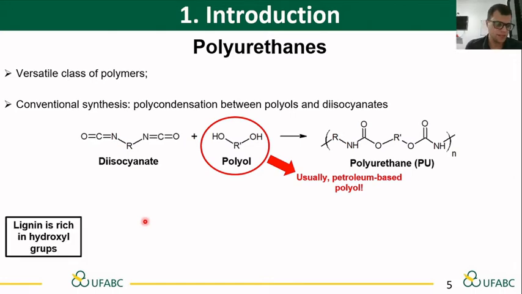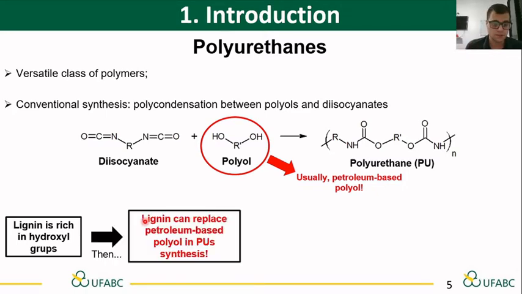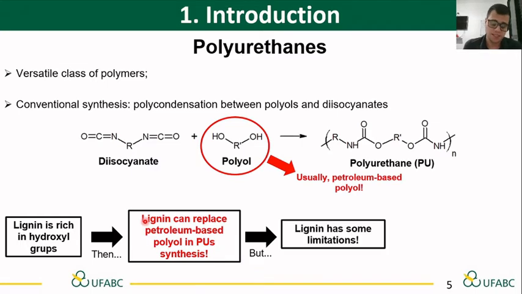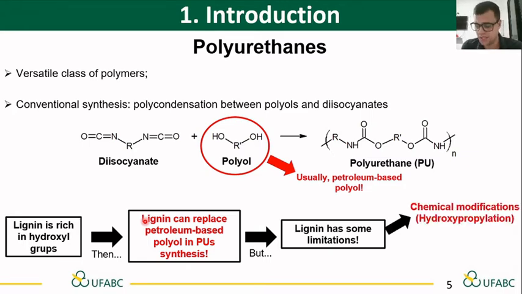Since lignin is rich in hydroxyl groups, as previously mentioned, then lignin can replace petroleum-based polyols in PU synthesis. But in the context of PU synthesis, lignin has some limitations. These limitations can be overcome by chemical modification, as for example hydroxypropylation, and by the use of chain extenders, such as vegetable oils like castor oil.